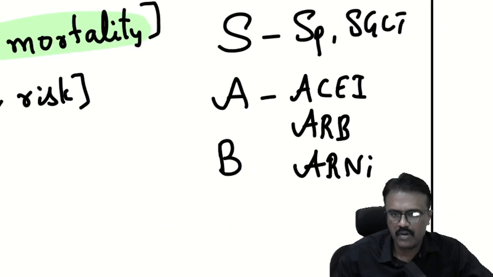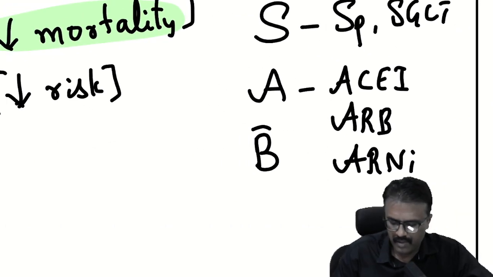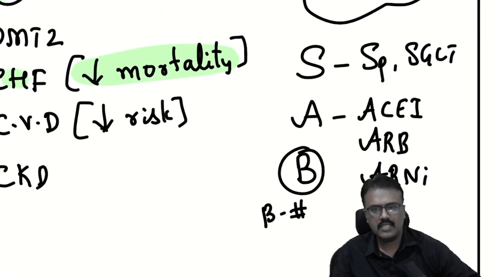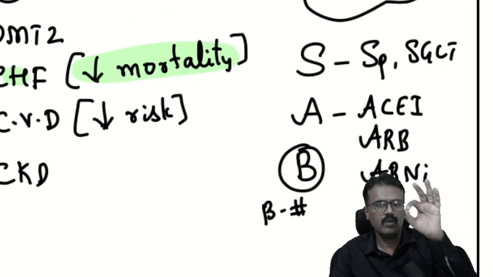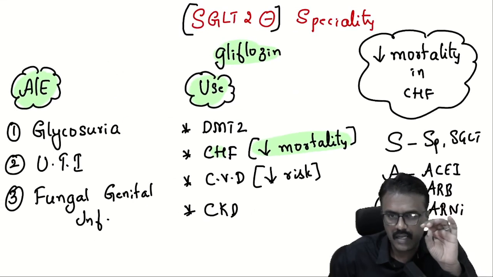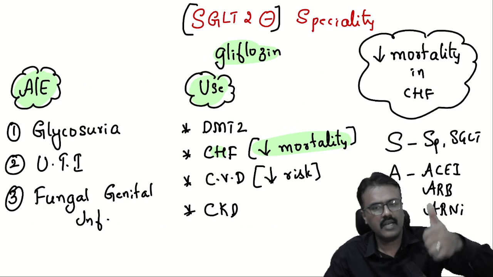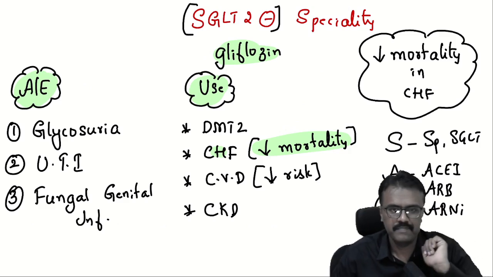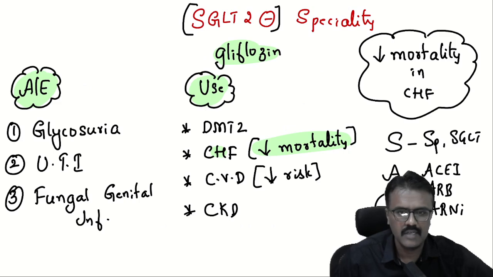What is B for? B for beta blockers. So let me repeat again. Which drugs decrease mortality in CHF? S for spironolactone, SGLT2 inhibitors, A for ACE inhibitor, ARB, ARNI, and B for beta blockers. They can ask you like this, decrease mortality, or they can ask you drugs increasing longevity. That means people can live longer. So this is the specialty of SGLT2 inhibitors. Please know it.